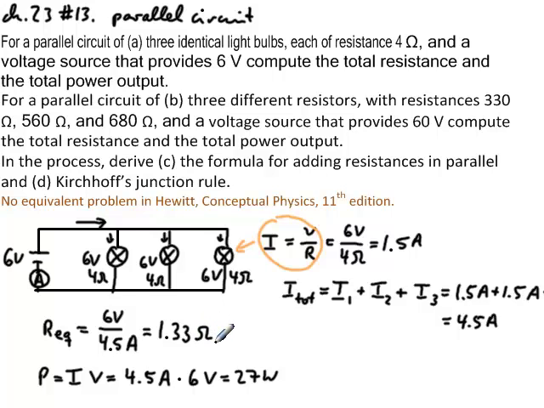So I'm just going to write down 1.33 ohms so we can see it at least, which is a little surprising because you look at 4, 4, and 4, and how could we possibly come up with 1.33 out of those 4s? Well, one of the things it says here, I haven't read this yet, is as the number of parallel branches is increased, the overall resistance of the circuit is decreased, and that's what we've seen.